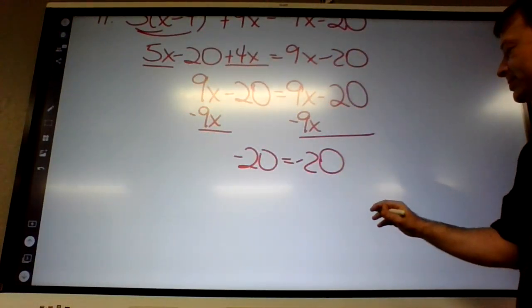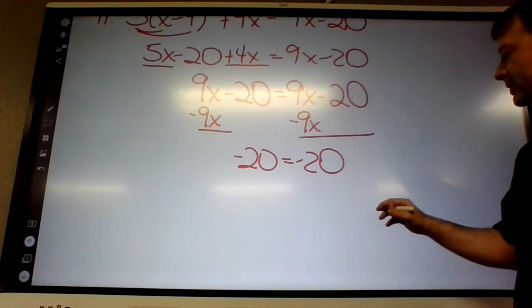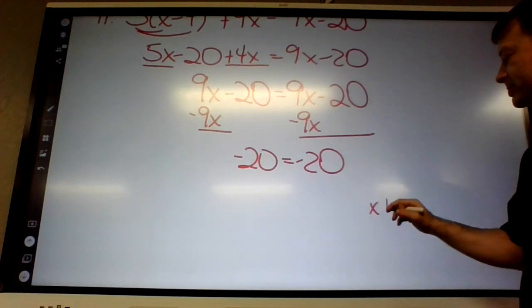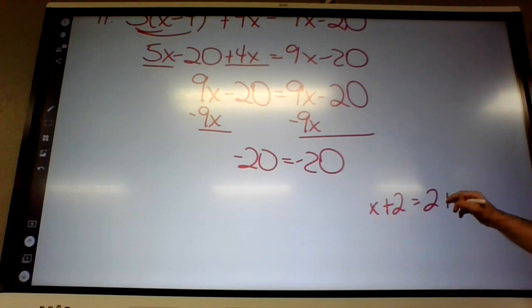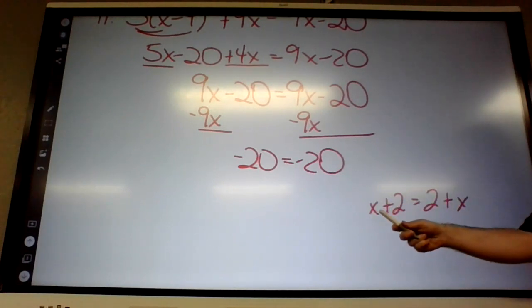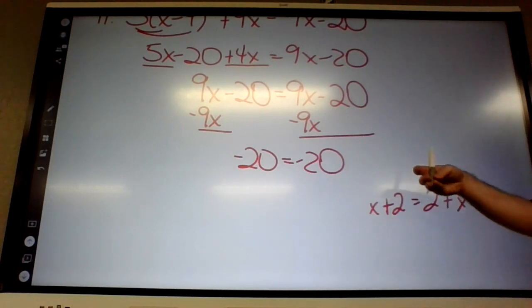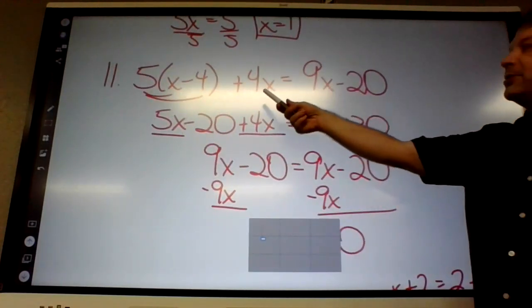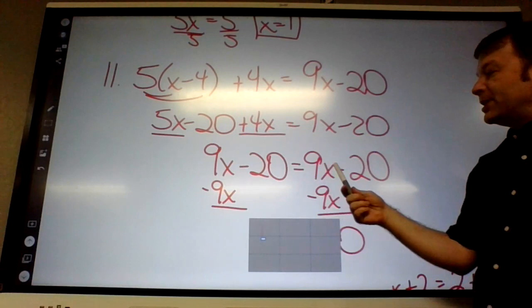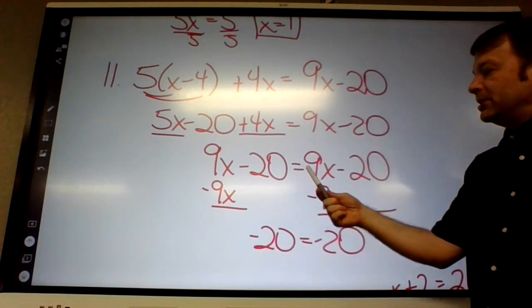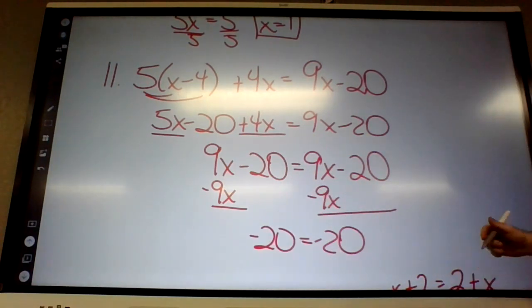It's kind of like if you say x plus 2 equals 2 plus x. Well, no matter what I put in for x here, it's going to work, right? So that means everything's going to work. It's a little more complicated looking, but basically they are the same thing on both sides. So everything's going to work. How do I say everything works?